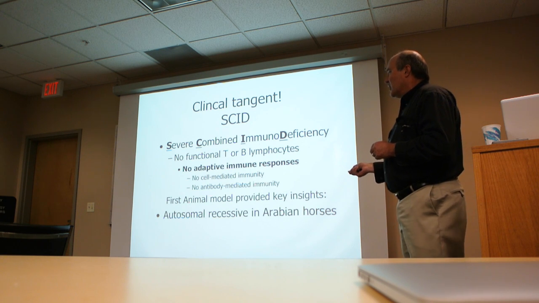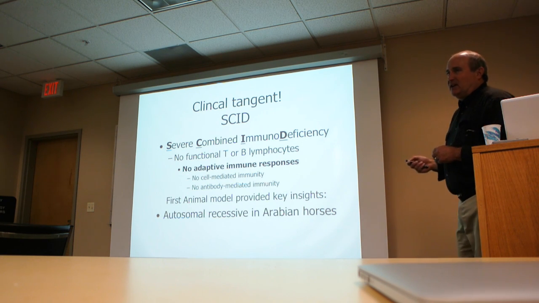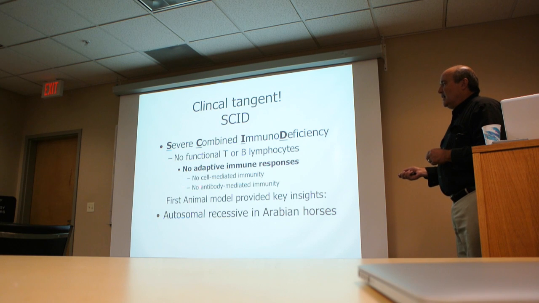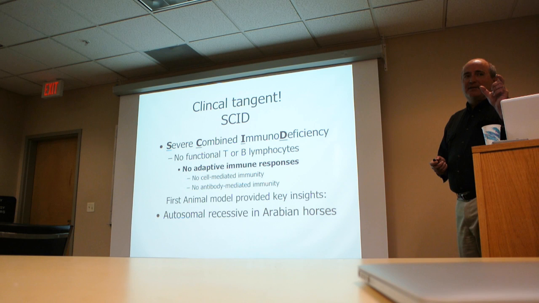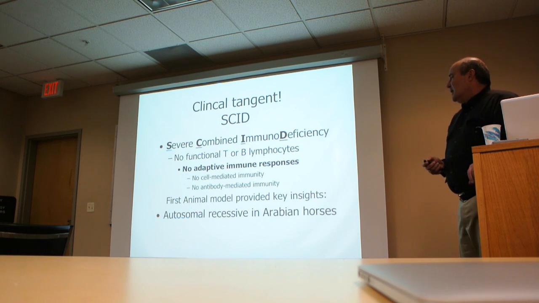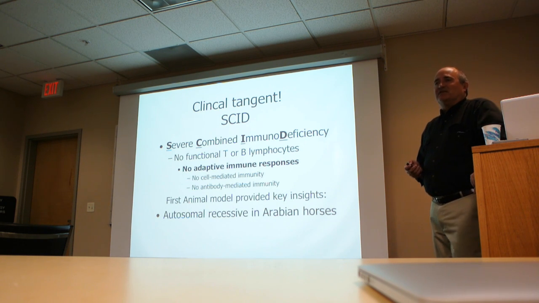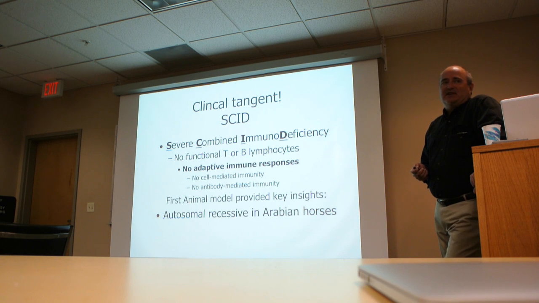But for the most part, we have no cellular mediated immunity, and it's either no antibody or only a little antibody being produced. This has been seen in virtually every animal that has an immune system that undergoes recombination.